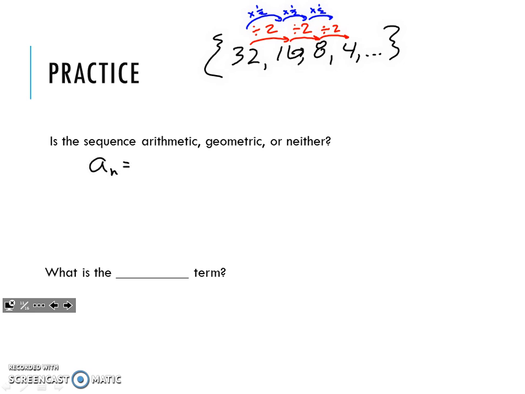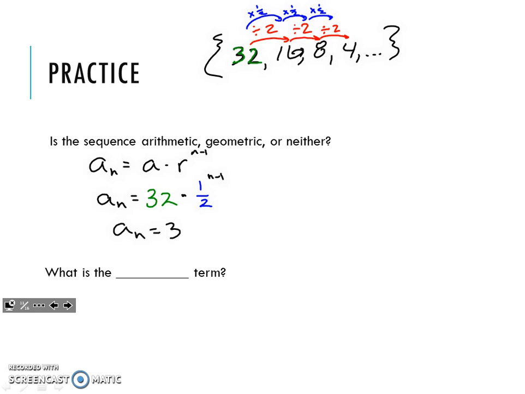So I plug in my formula, a sub n equals a times r to the n minus 1 power. What's my first term? Well, our first term is going to be 32. So I'm going to have 32 times, my common ratio is 1/2, to the n minus 1 power.